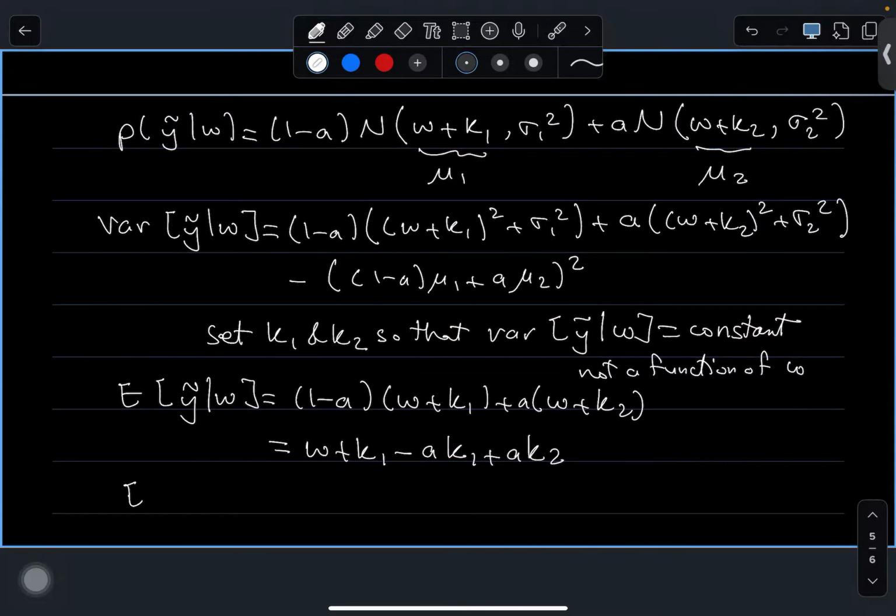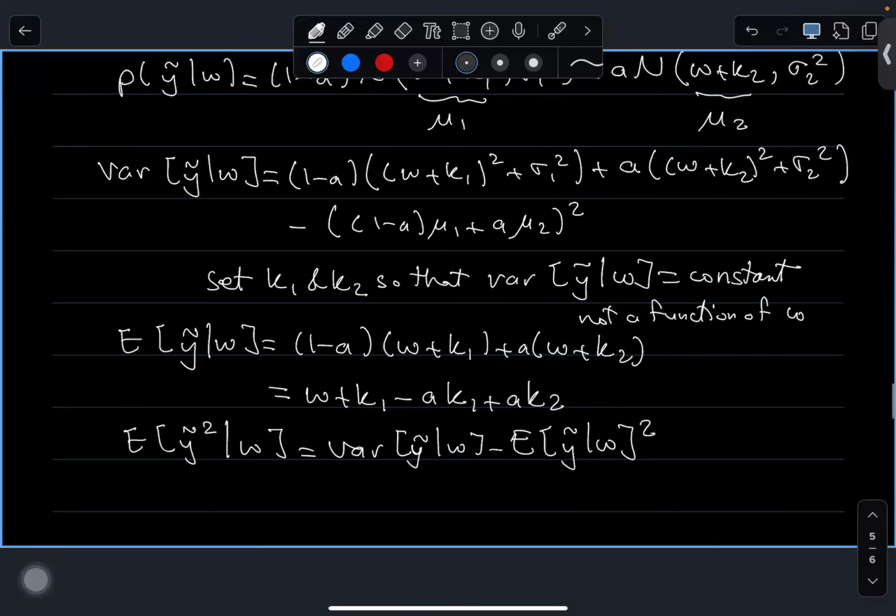Then the expected value of my loss squared is the variance of my errors minus the mean squared, which is going to be equal to some constant minus W plus some other constant, squared.